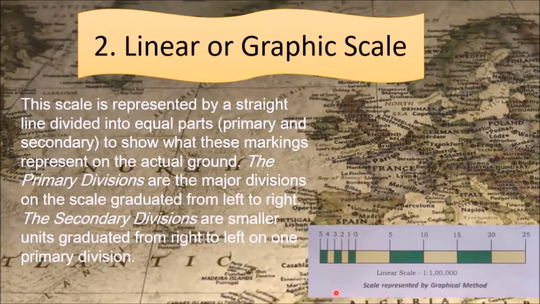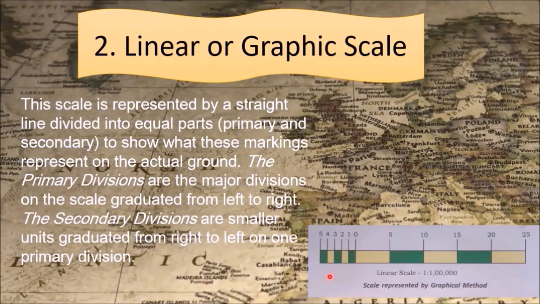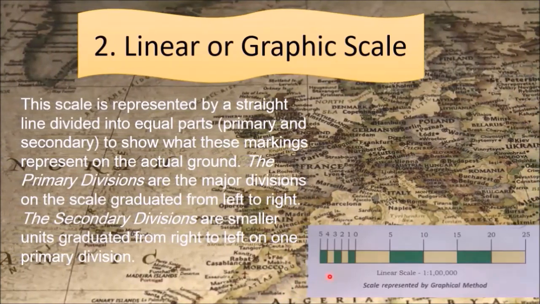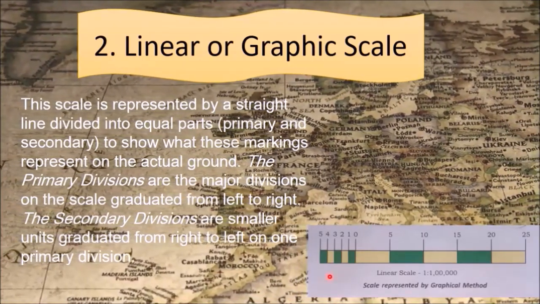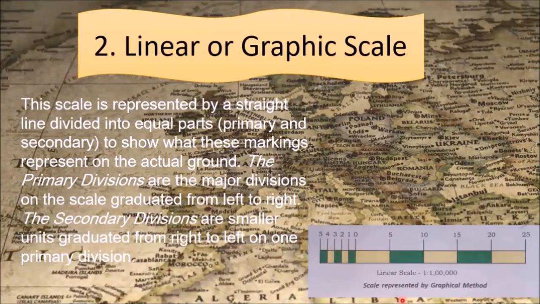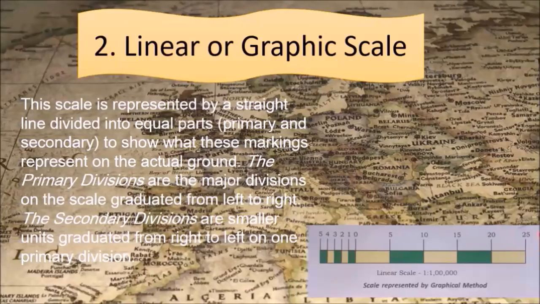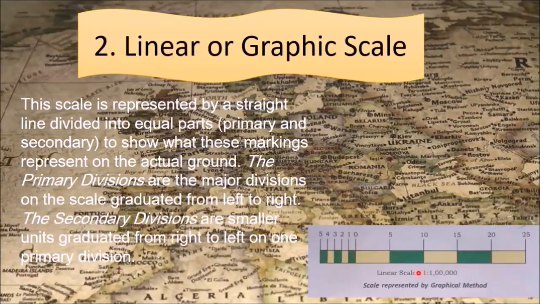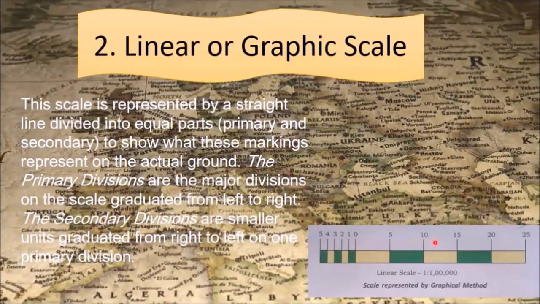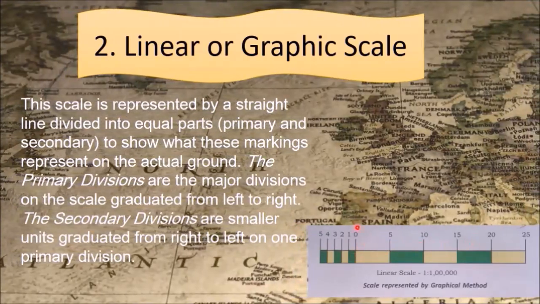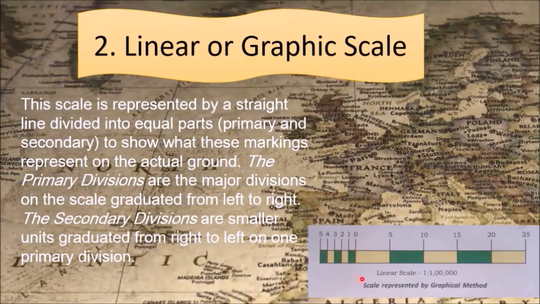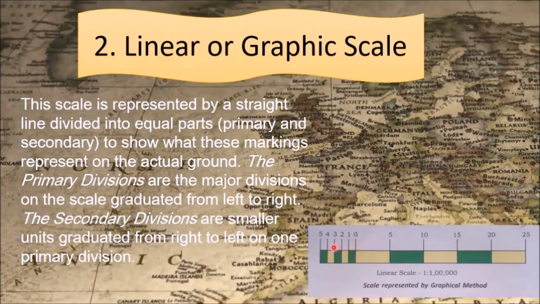The secondary divisions are smaller units graduated from right to left on one primary division. The total length of this linear scale represents a distance of 25 kilometers. Each primary division denotes a distance of 5 kilometers. Each secondary division denotes a distance of 1 kilometer on the actual ground.